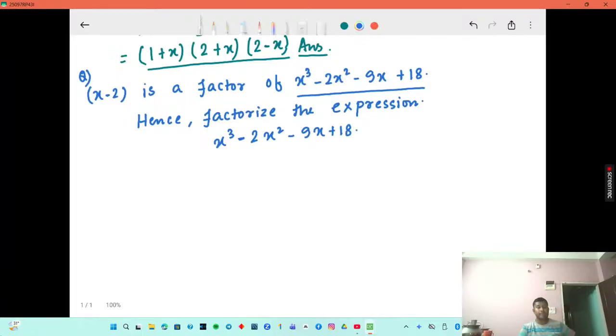Here it is given that x minus 2 is a factor of the expression x cube minus 2x square minus 9x plus 18. So here we have to factorize this expression. So what can we do now in order to factorize it?